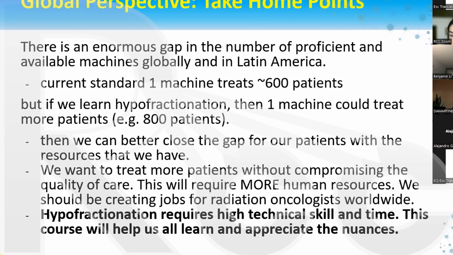Understanding all this will improve the resources that we will be able to offer to our patients without compromising the quality of care. We're going to cure with good quality of life, which is very important, and that's our reason to be as well.